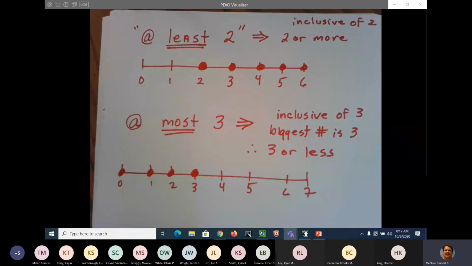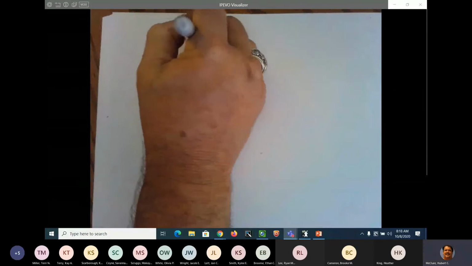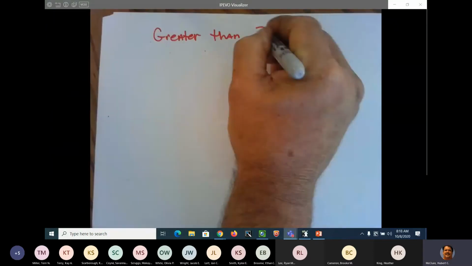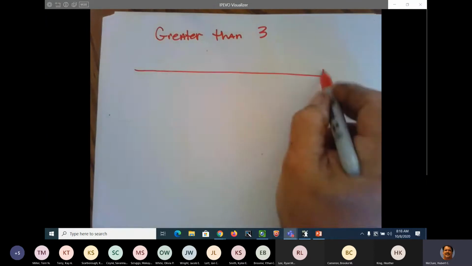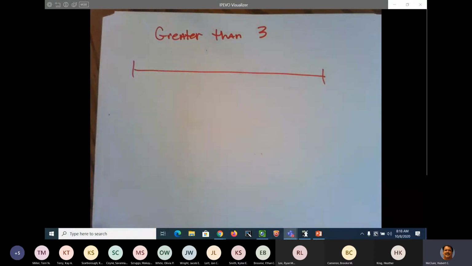Now, the easier ones are the ones that go greater than 3. Now, somebody tell me what that is. That's pretty simple, but is it exclusive or is it inclusive?